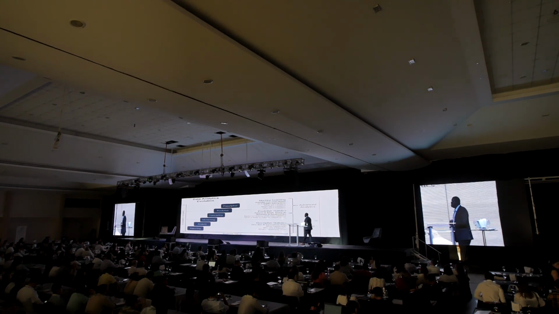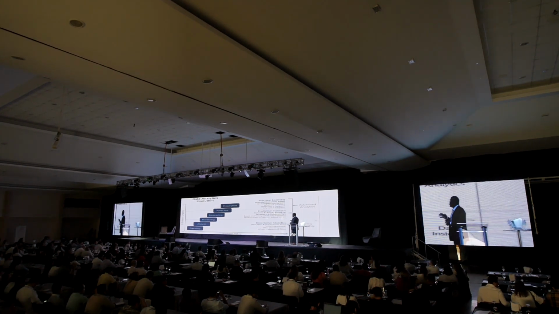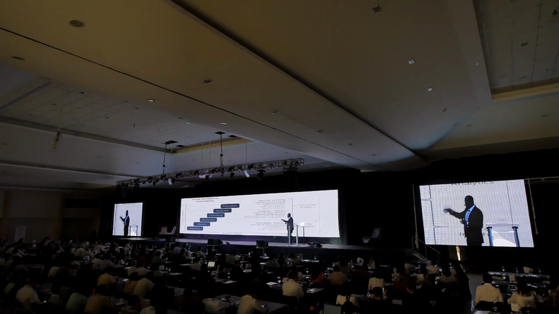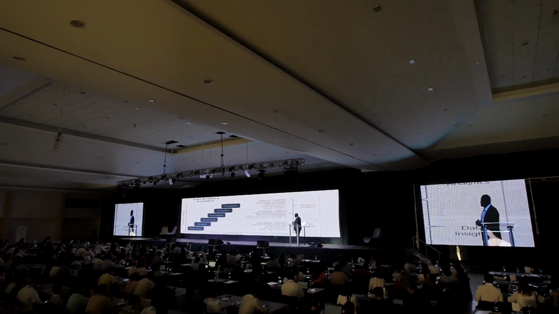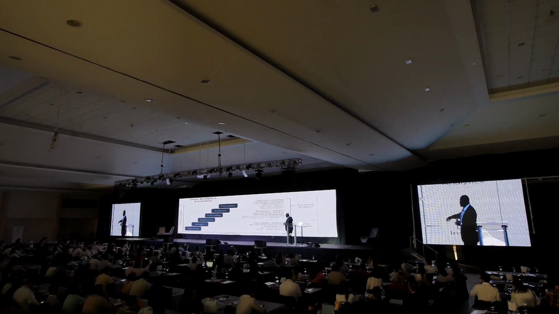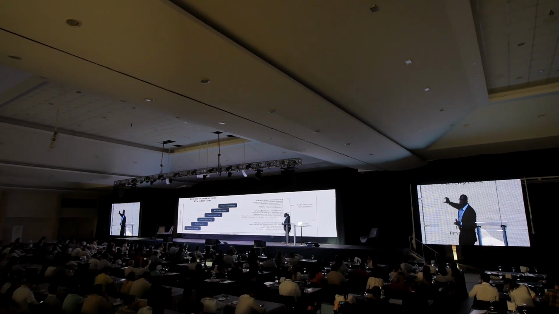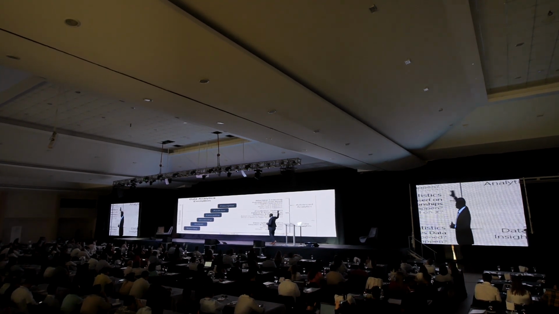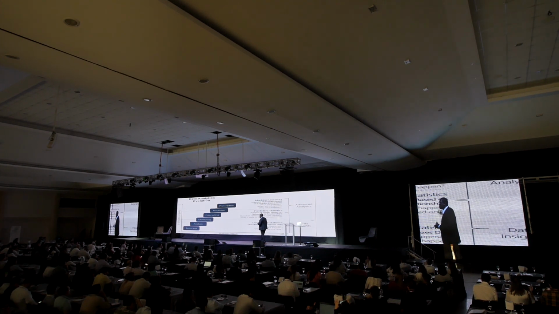Let's bring it together. So this is what the data analytics evolution looks like, right? If you look at the complexity versus the business value, as you go up through the chain, you have descriptive analytics, sort of the bottom tier, predictive analytics being your middle tier, and then your prescriptive analytics being the top tier.